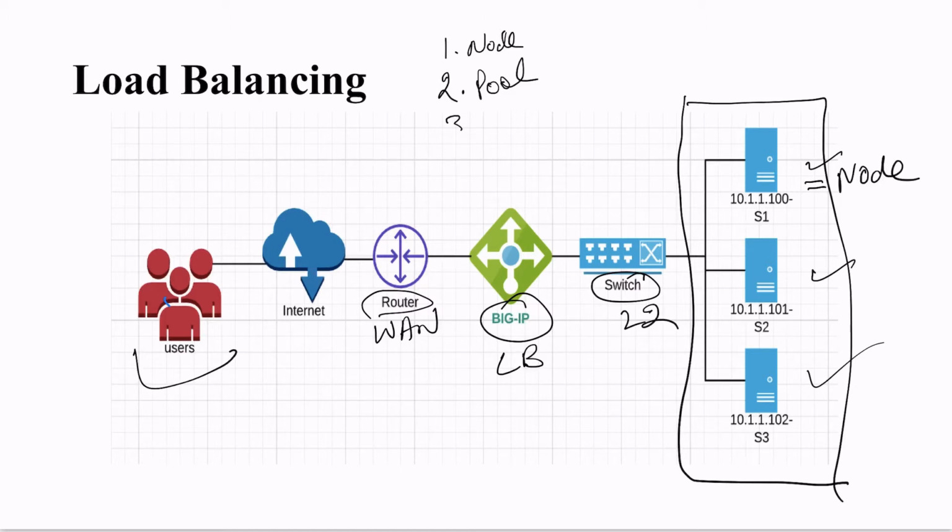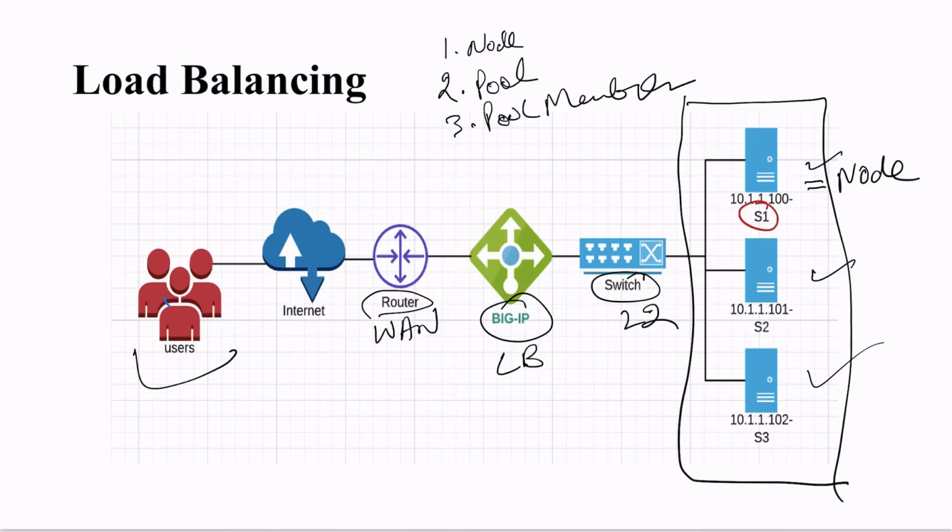And then there is a pool member. When the pool is created for a particular service, the node which is participating in the pool will become a pool member. Let me explain. This S1 is a node here.